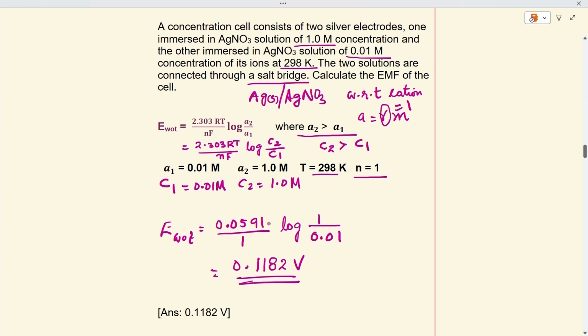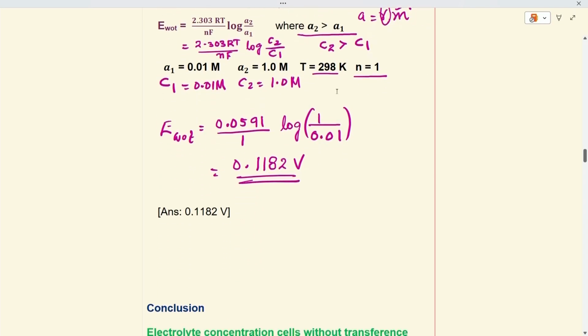Here also you take 0.0591 in the scientific calculator, press log, give in brackets 1 by 0.01. The answer will be 0.1182.